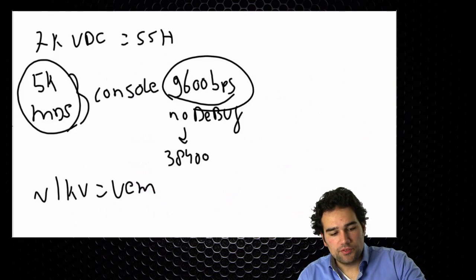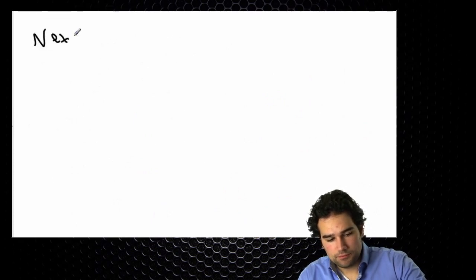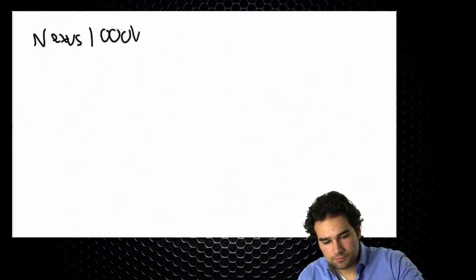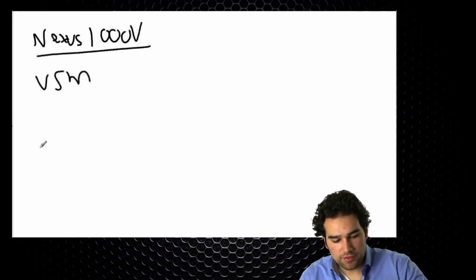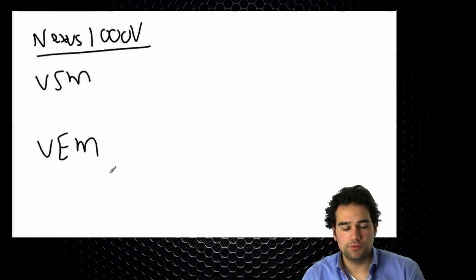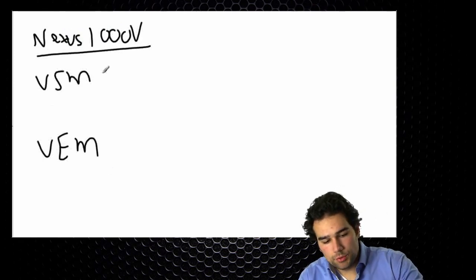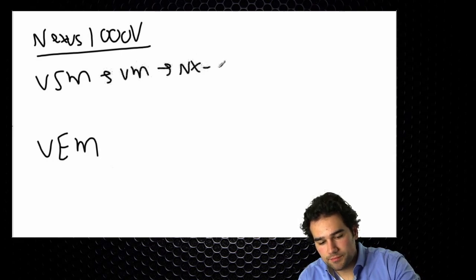Now the Nexus 1000V consists of 2 parts. We have a virtual supervisor module and we have a virtual Ethernet module. The supervisor module is a VM running NX-OS.